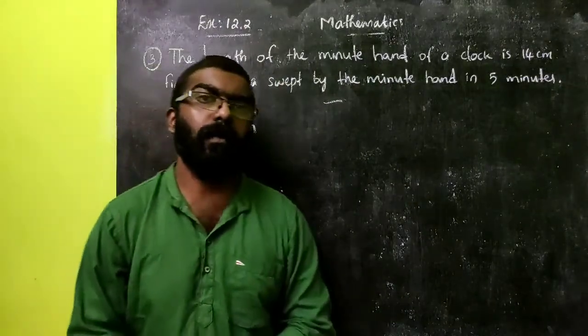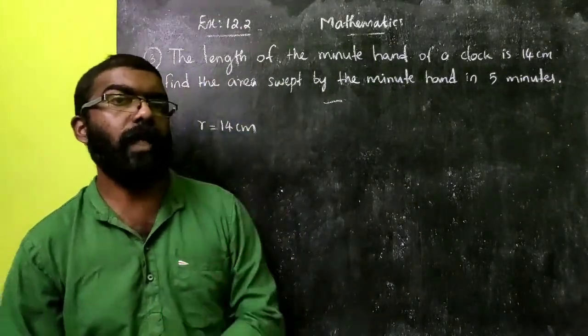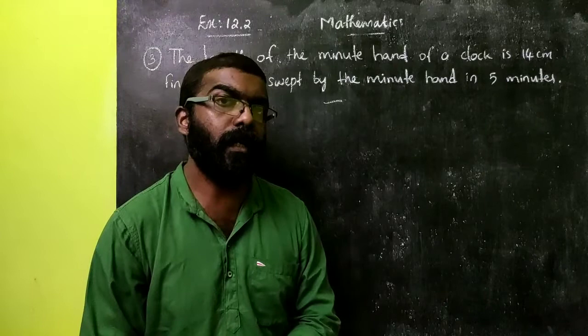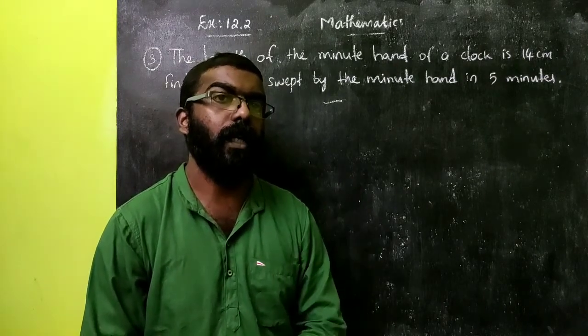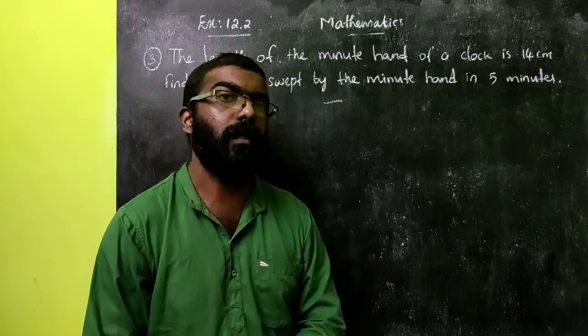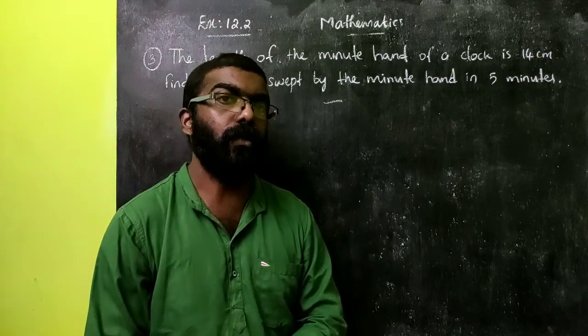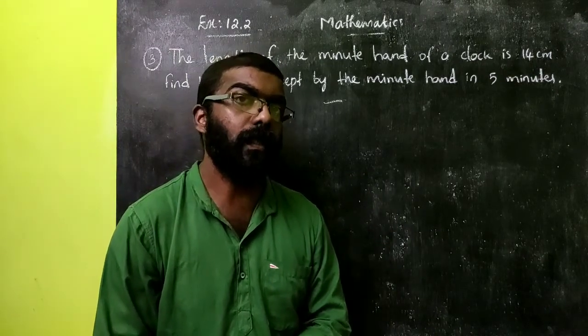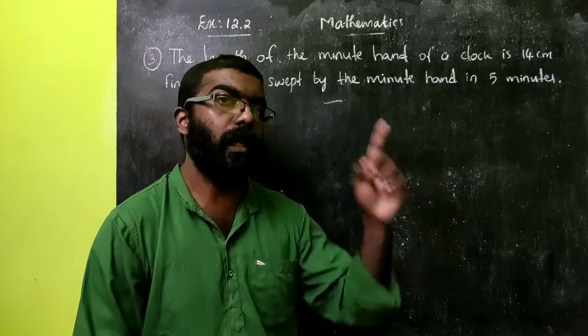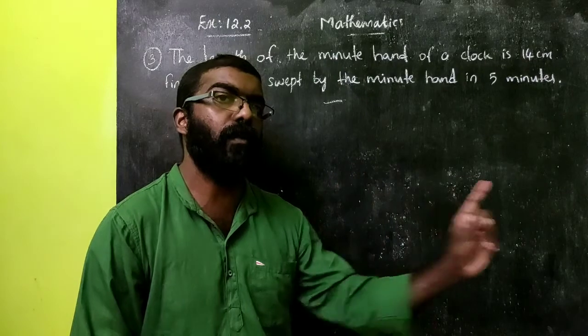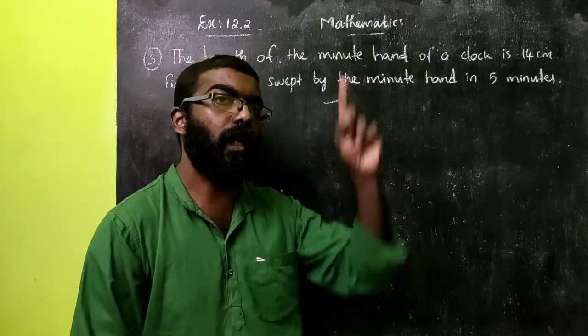So one thing you have to remember is, in 5 minutes, the minute hand of a clock moves 30 degree in between any two numbers. For example, 1 and 2, the angle formed is 30 degree. Okay. And if we take 12 and 3, we can identify the angle formed is 90 degree.